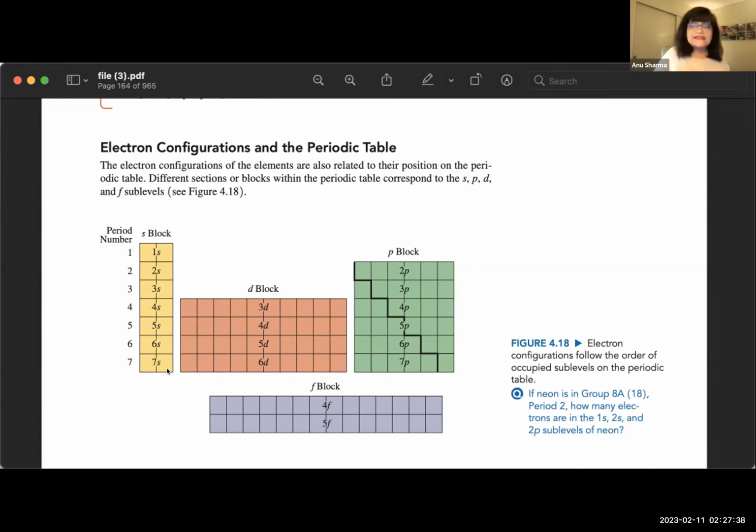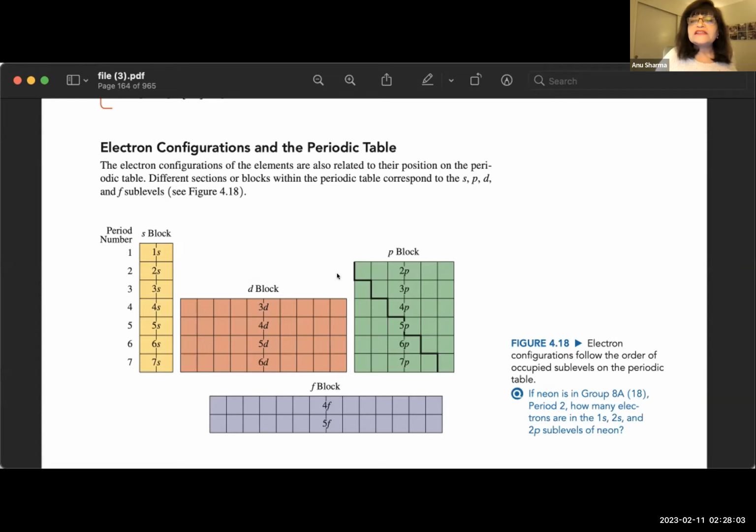Next, as many columns as there are, that many electrons can be accommodated. So p can hold a maximum of 6 electrons, like s can hold a maximum of 2 electrons. That is why 2 columns for s. P can hold a maximum of 6 electrons, so we see 1, 2, 3, 4, 5, 6.